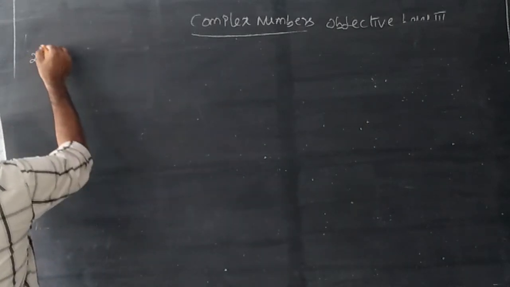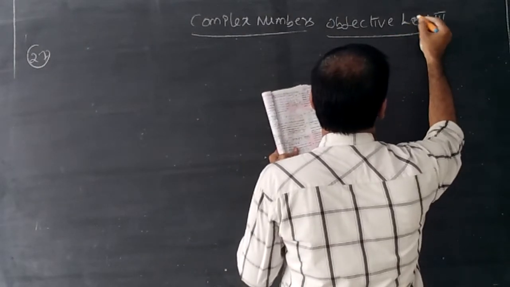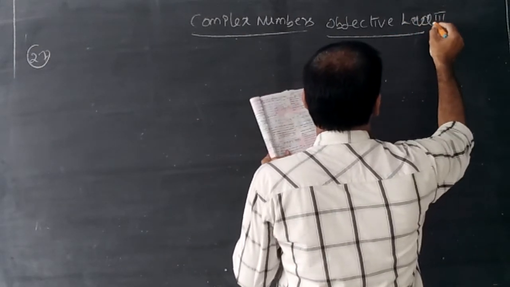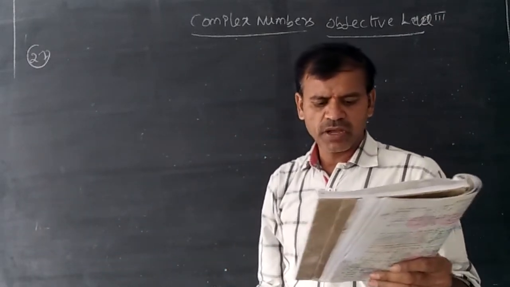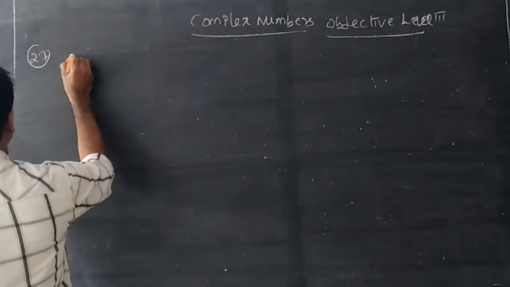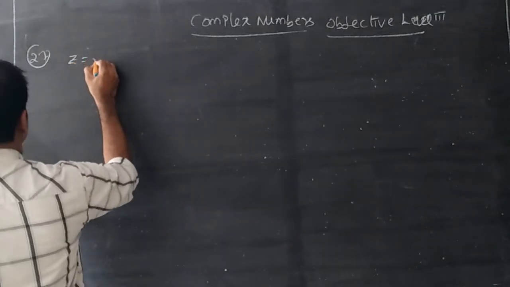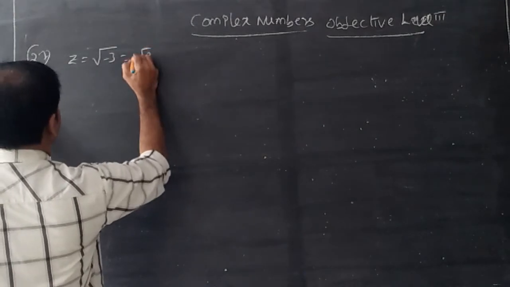Seventh question. Let omega be the complex number such that 2 omega plus 1 is equal to z, where z is root of minus 3, meaning simply i root 3.